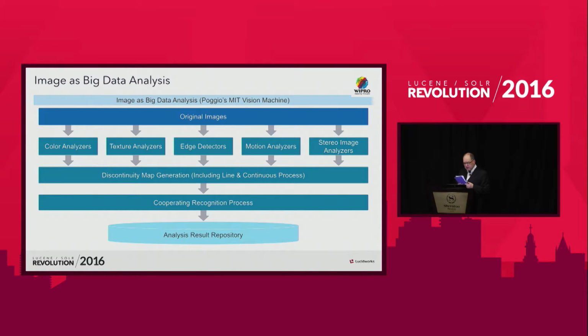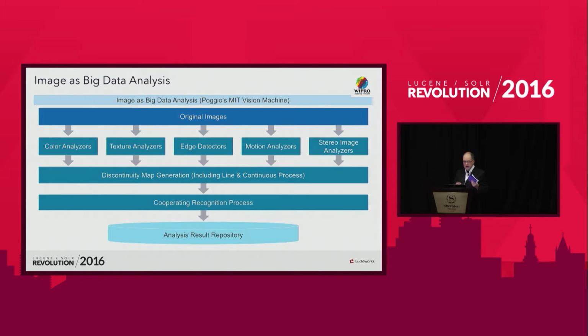And if you look at this, it's essentially a data flow. You could readily imagine it operating under Hadoop or under Apache Spark very readily, where all these things are running in parallel. You're grabbing out, you're deconstructing the image, finding edges, finding textures, looking at color if you need to. If it's video, you're looking at motion.